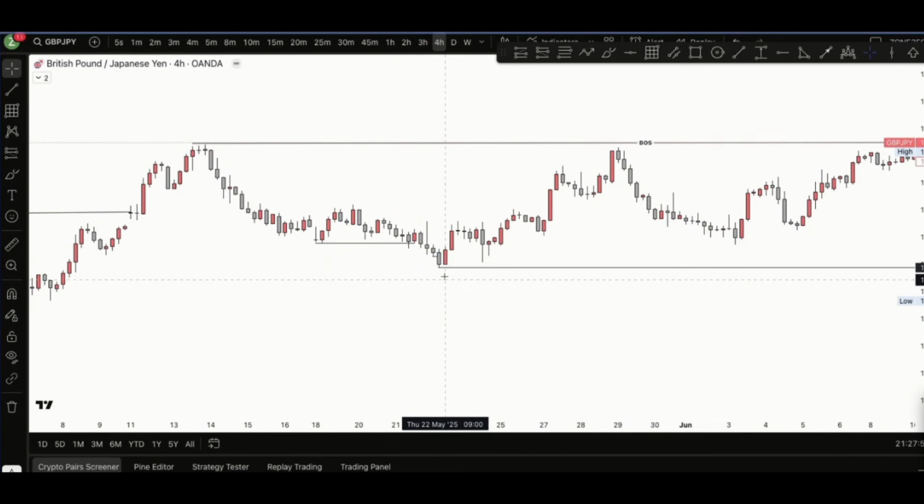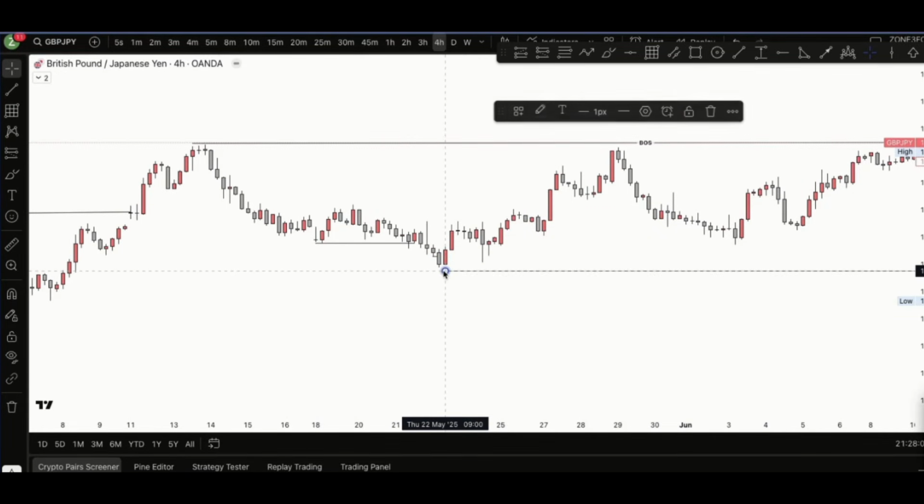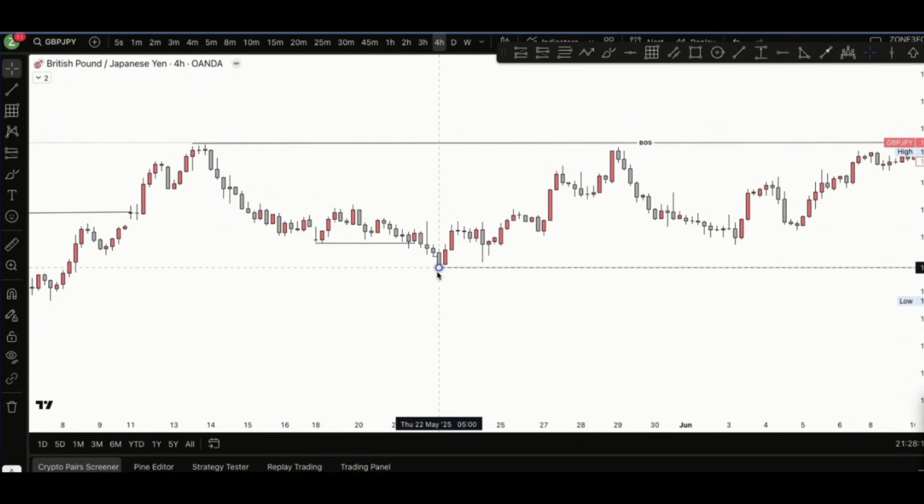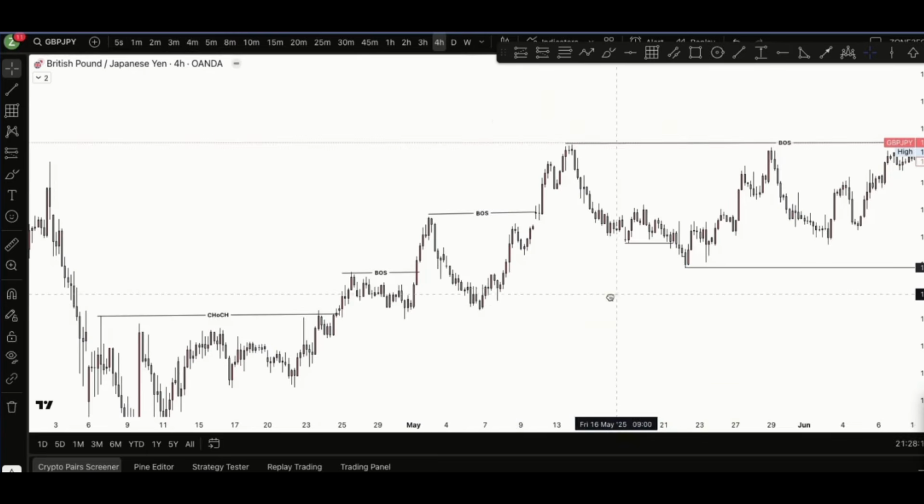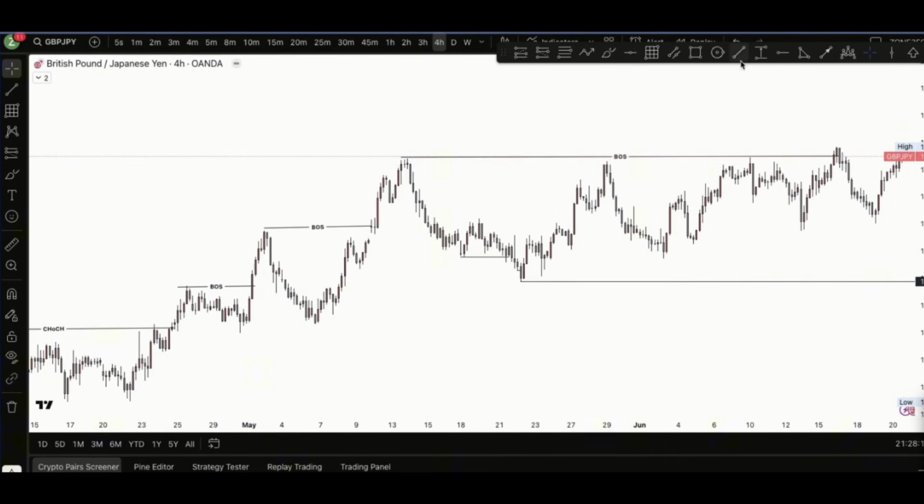You see, I didn't mark the pink candle, but I marked this gray candle. Why? Because this is the candle that swept the last low. This pink candle couldn't sweep this low. If this candle had swept this low, then this one would have been our swing low. But it was this one that swept the low before we had the change of character occurring.